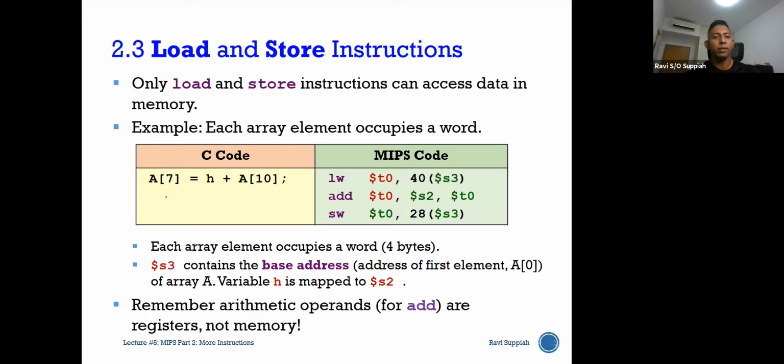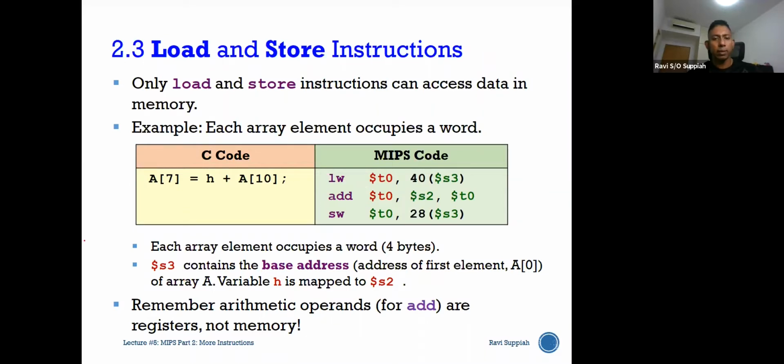Now in C, let's say I write this code: A7 equals H plus A10. Now how will this translate into your MIPS code? So let's look at this first instruction here. Before we go into that, let's look at some of this mapping that's already been done for us.